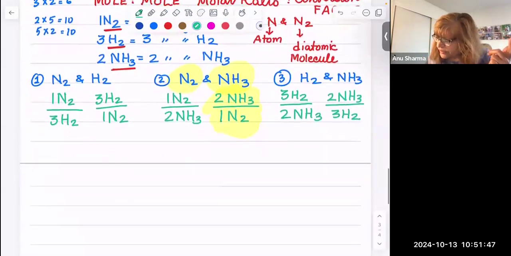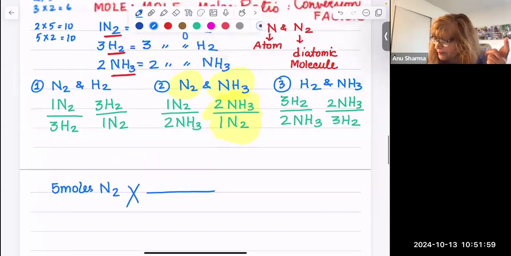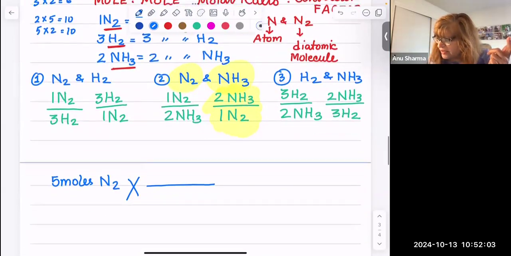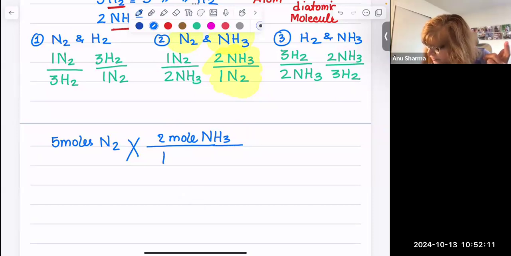So now let's calculate this. So 5 moles of N2 times. Now we need to find the moles of ammonia. From the balanced equation, there are 2 moles of ammonia being produced when 1 mole of nitrogen is reacting.